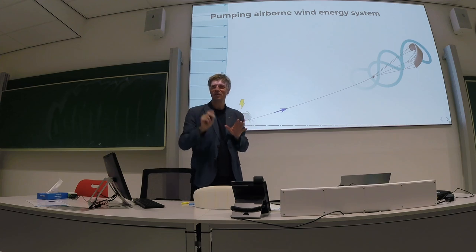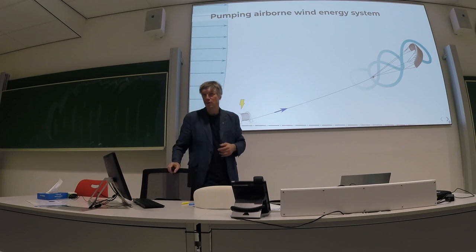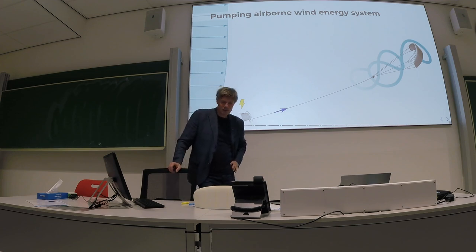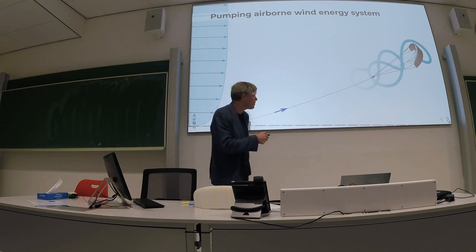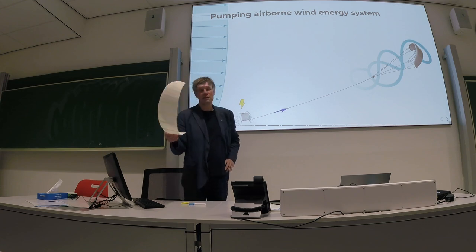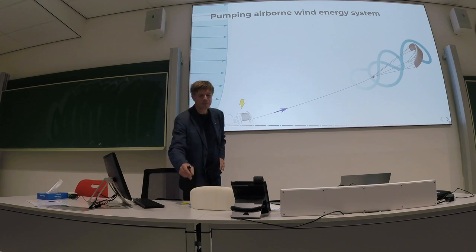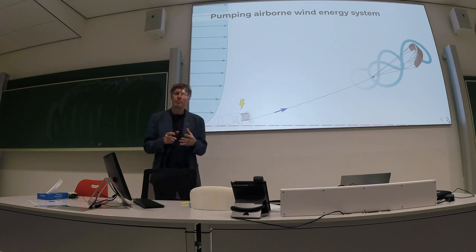I mean, maybe this is a bit far-fetched, but how heavy is a typical kite? It depends on the size. This system that you see here, 25 square meter, that's the TU Delft kite that we built in 2010. That weighs 20 kilogram.